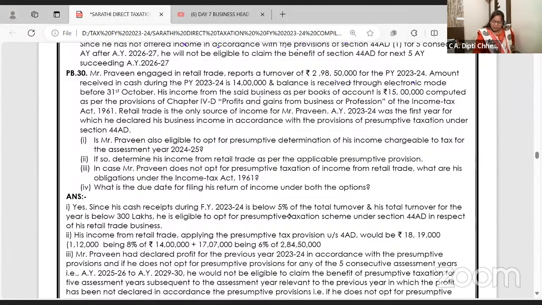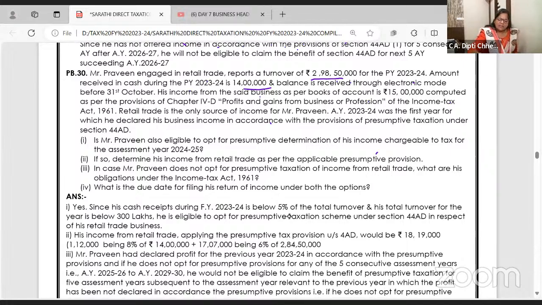His income from the said business is 15 lakhs, computed as per the books. Okay? This was the first year in which Praveen declared presumptive taxation. Is Praveen eligible to offer presumptive taxation? Yes, because his turnover is 2 crore 98 lakhs. And the amount received in cash should be within 5% of the turnover.